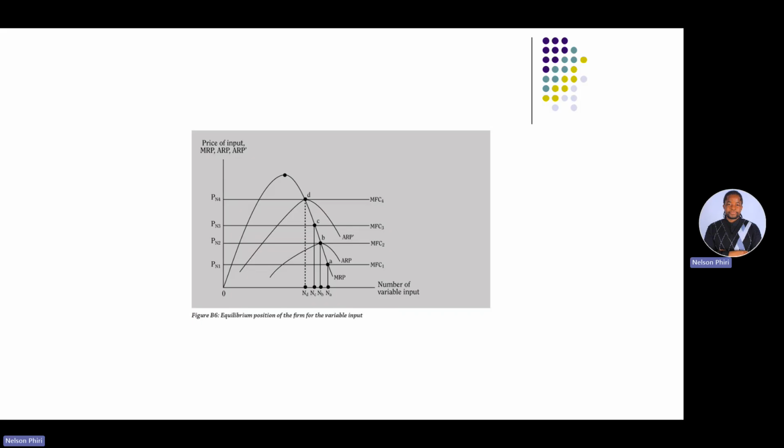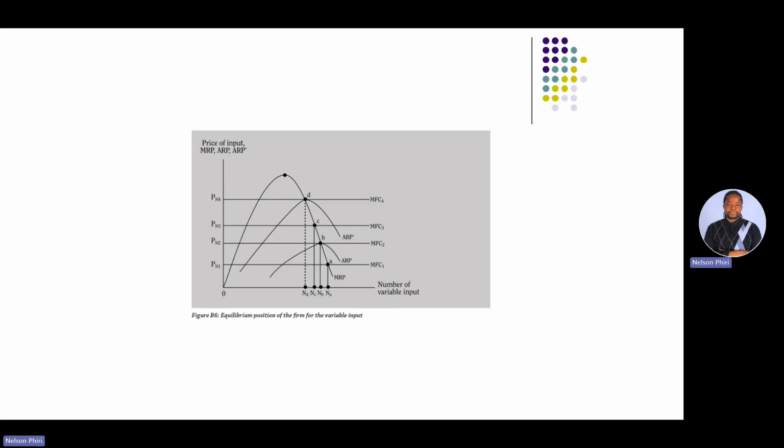For any input price which is lower than PN2, the firm will recognize economic profits if it employs the variable input according to the equilibrium condition, MRP equals MFC. Then when we go to PN2, we see that there's an intersection of the ARP and your MFC2.